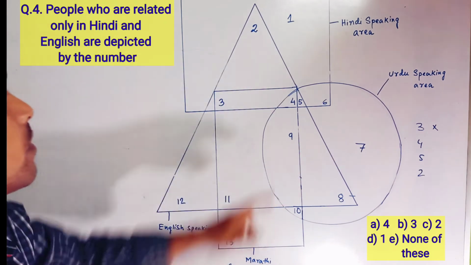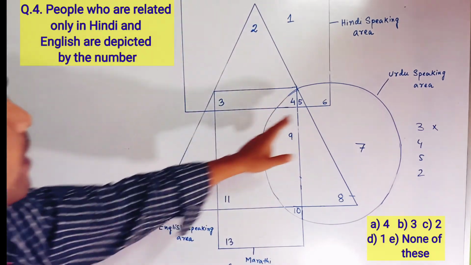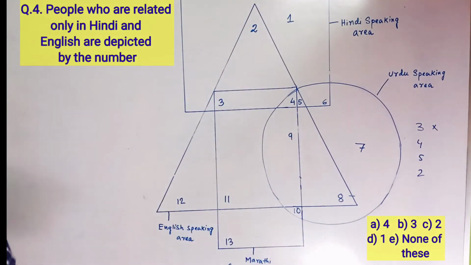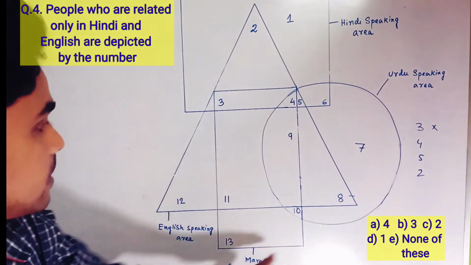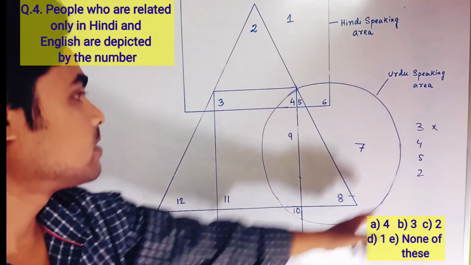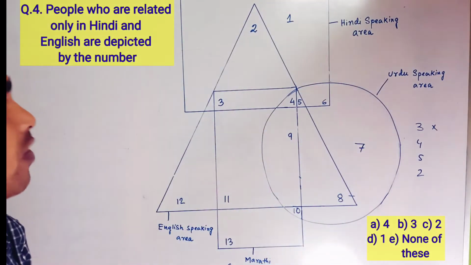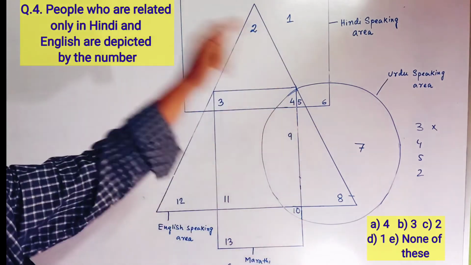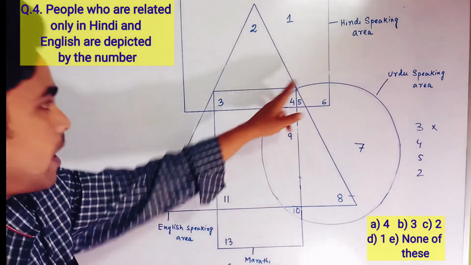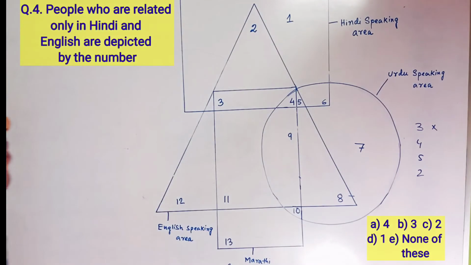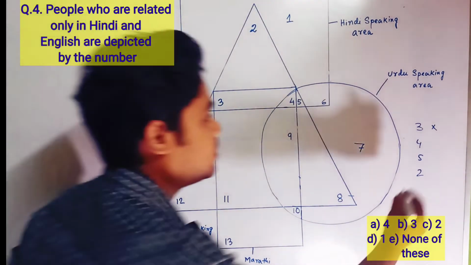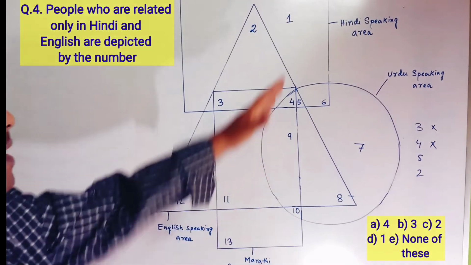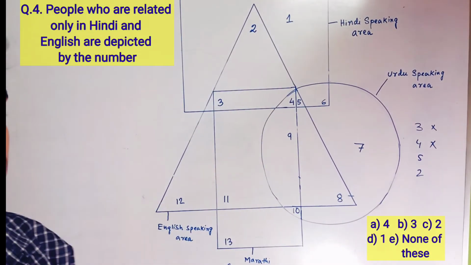Now 4. 4 is inside the square and also inside the triangle, but 4 is inside the rectangle and also inside the circle. That means 4 can speak all the 4 languages: Hindi, English, Marathi and Urdu. Okay, so 4 is also rejected. Why? Because we have to find the Hindi and English only.